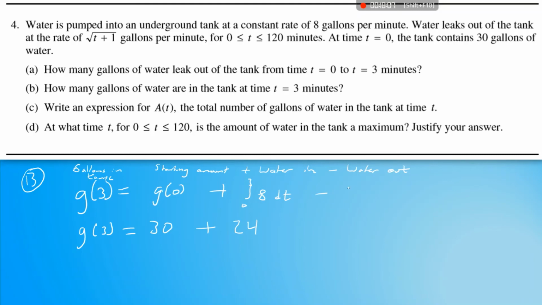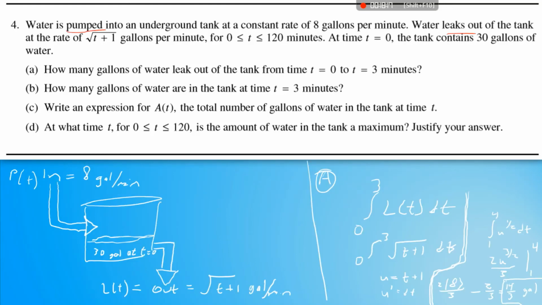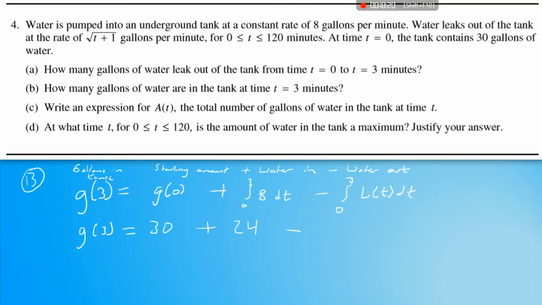And then we're going to subtract our water out, which we said last time was the integral from 0 to 3 of L(t) dt, which we already found the value of in part A, so I'm going to jump back, was 14/3. Okay, so now I can just add these. So this is G at 3 is 54 minus 14/3.